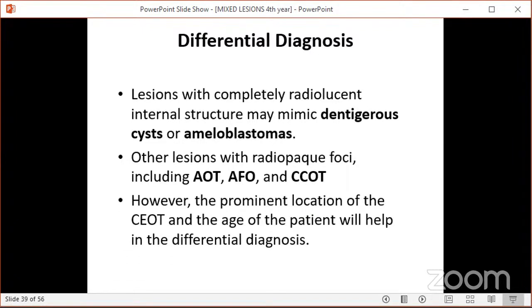However, the prominent location of the CEOT and the age of the patient will help in the differential diagnosis. So with the CEOT, we find it more posterior, and then the patients are older.